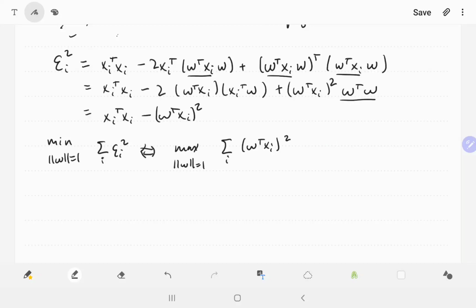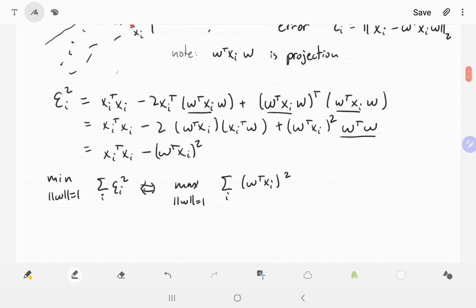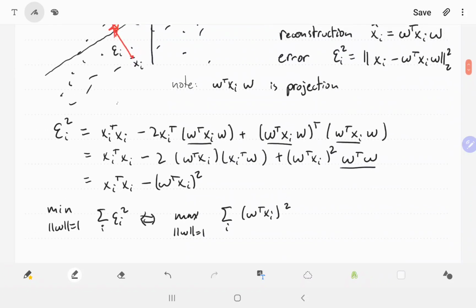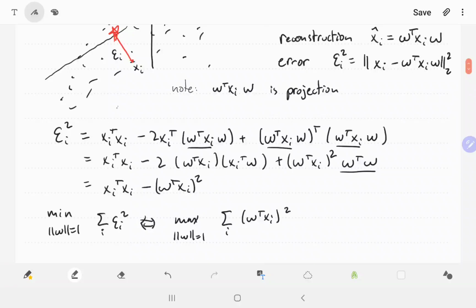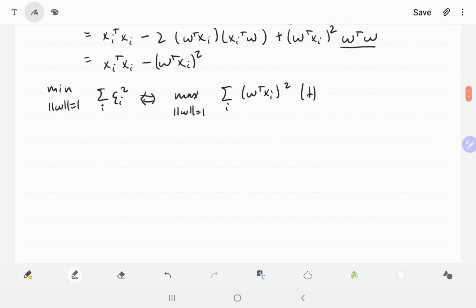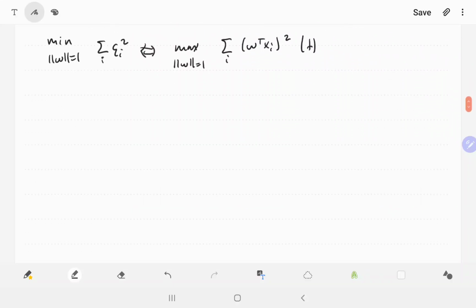That's what we've just shown: they have the same argmin, and that's really what we're trying to find, the W. So we're trying to minimize the sum of square errors, but this is equivalent to maximizing the sum over i of W transpose xi squared, subject to the norm of W equaling 1. Okay, so let's call this equation dagger.